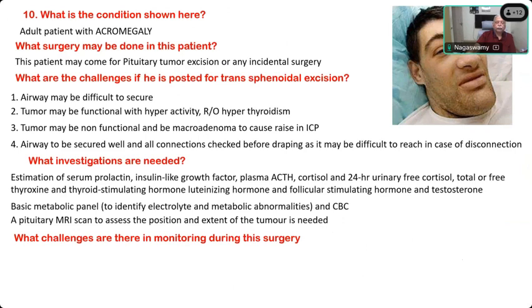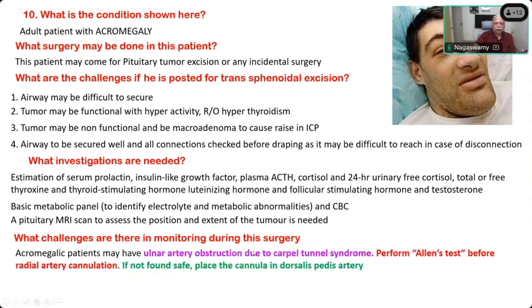I thought we discussed this in class. Management of pituitary adenoma, transsphenoidal surgery, we discussed in one of the lectures. So, ulnar artery obstruction due to carpal tunnel syndrome, it's very common. So, if you are planning for IBP with an intra-arterial line, perform Allen test before radial artery cannulation.